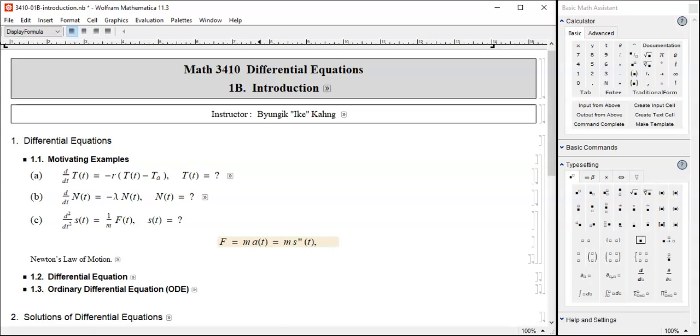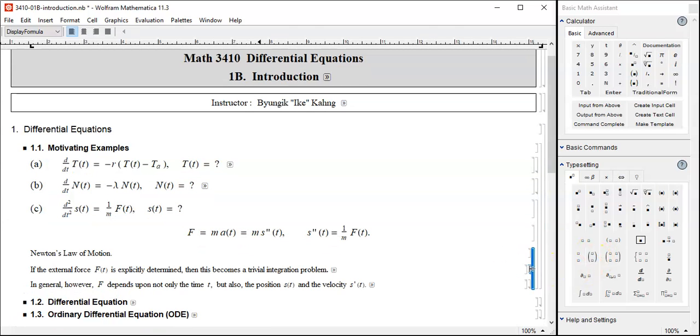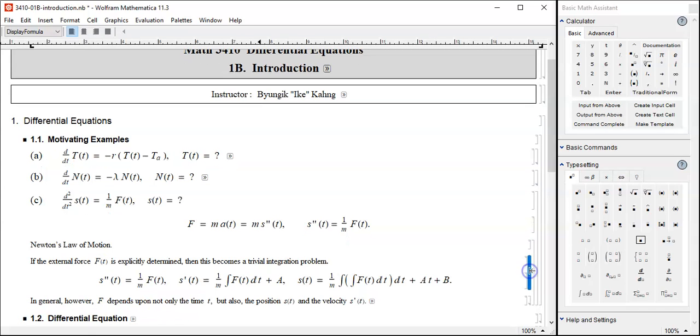And then divide by m, then that's what we have over there. Now, if the external force is given as function of t explicitly, then this is really easy equation. All you have to do is to take the antiderivative twice. Second derivative to first derivative, and then to the original, we take the antiderivative twice.